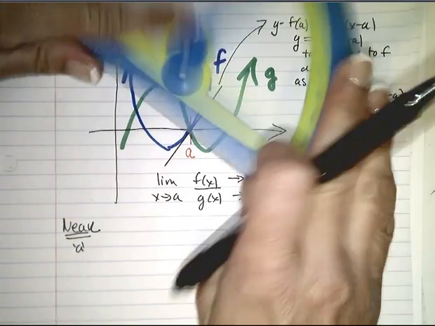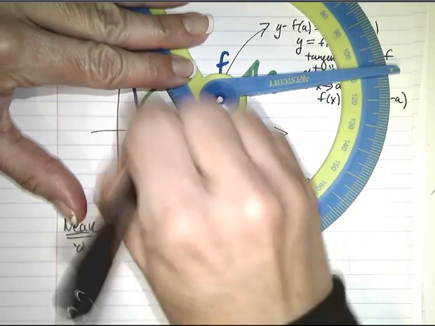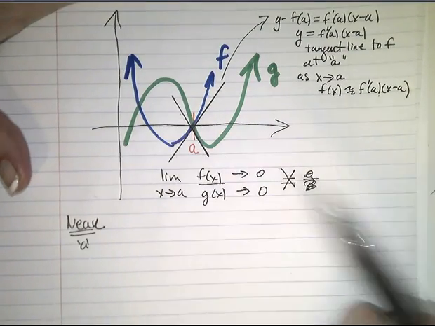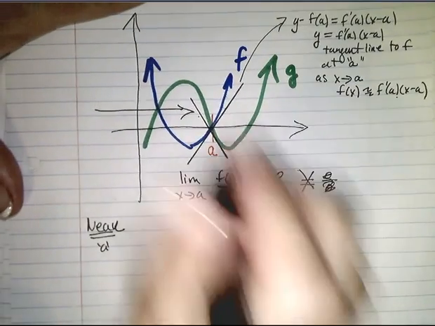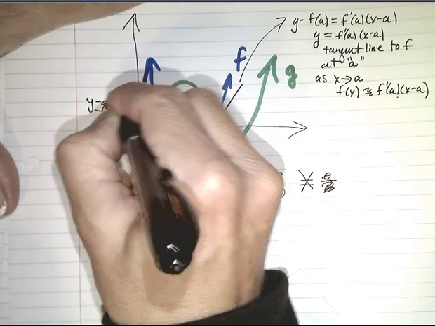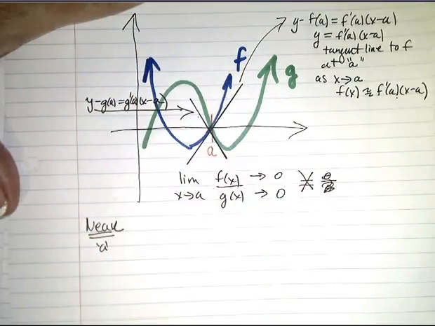Likewise, if I zoomed in and looked at g, I would see that g looked a lot like this line. And that line right there is its tangent line at a. And we could write that pretty quickly. So y minus g of a equals g prime of a, x minus a.